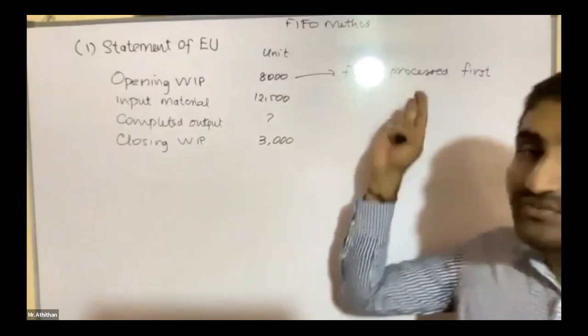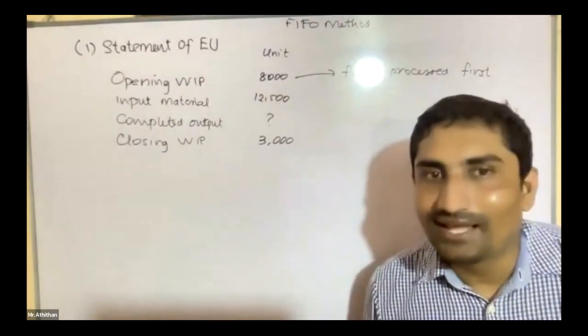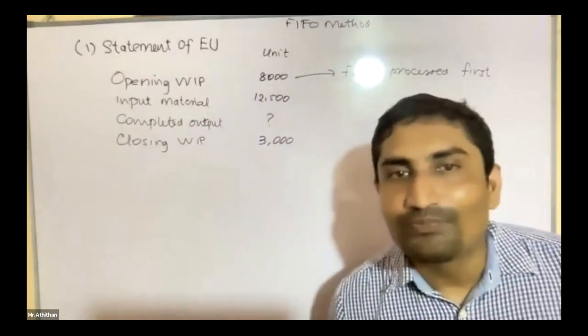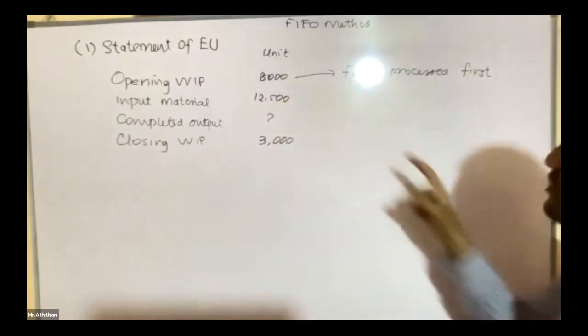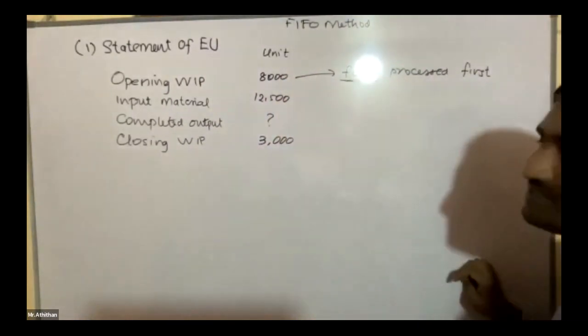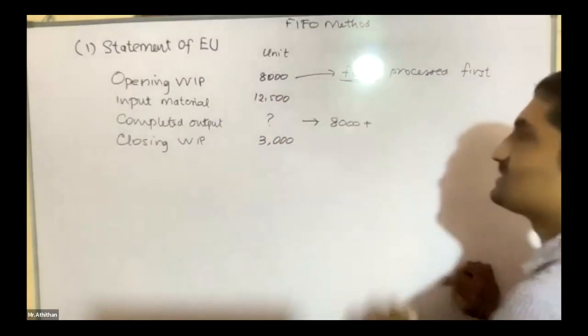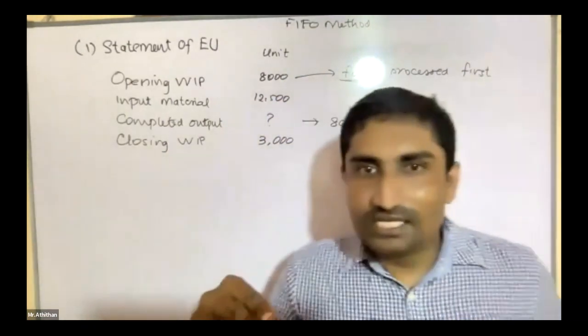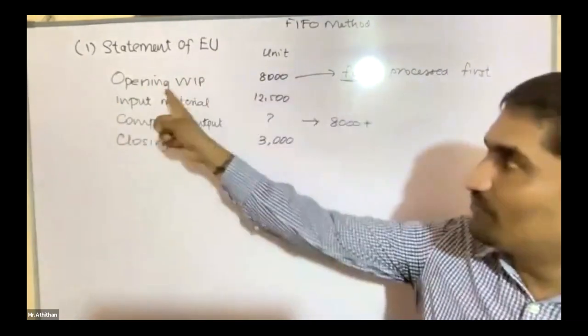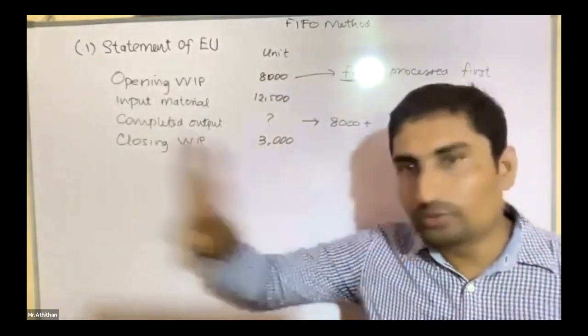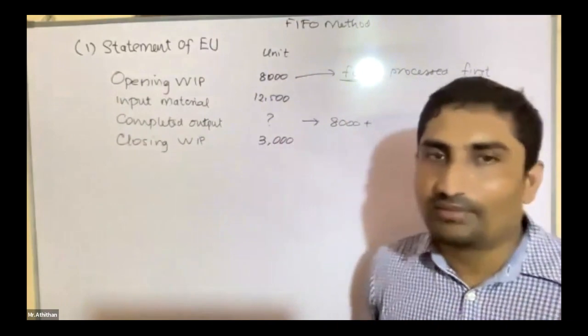Right. So first we will process the 8,000 opening. Then we will process the input. Right. So 8,000 will be fully processed. So the completed unit will be 8,000 plus. Next, first in, first out. So first opening WIP is completed. 8,000 completed.